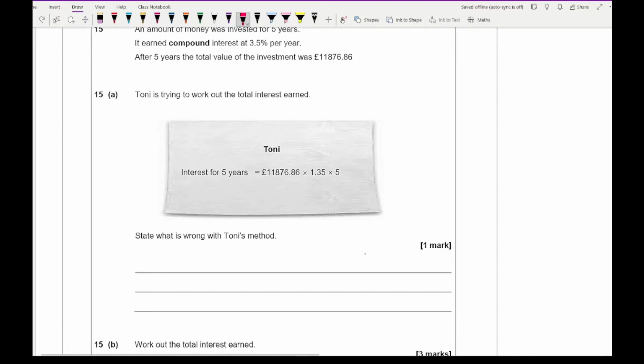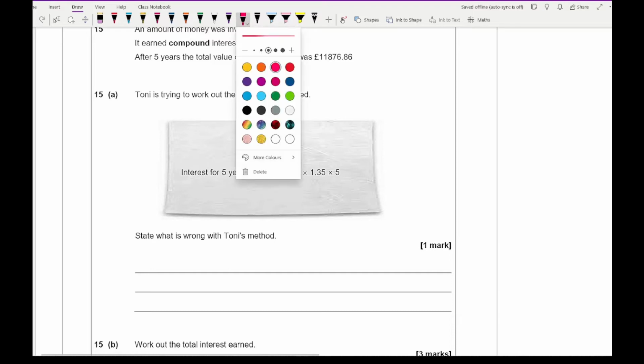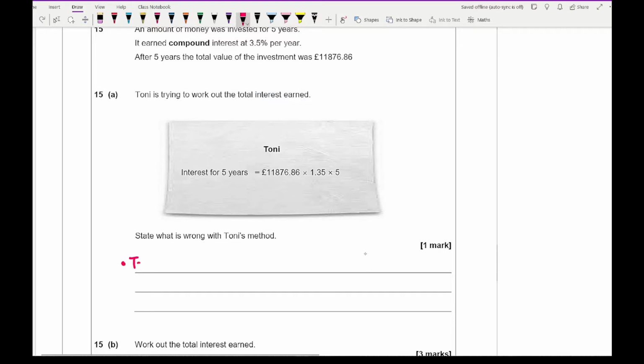So the first thing is, for 1 mark, you could have any of these statements. You could say that Tony multiplied when they should have divided, because we're told the final amount and we want to work out the original amount, which is not going to work.